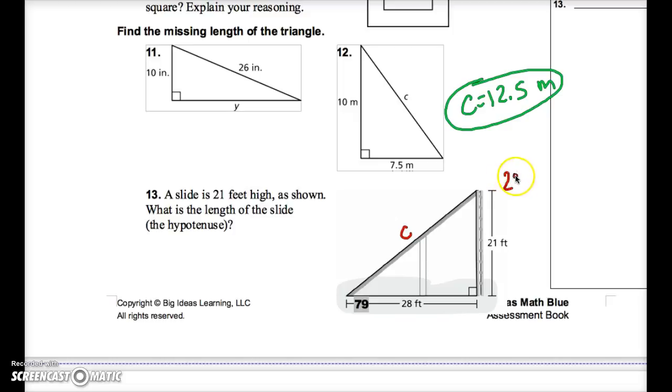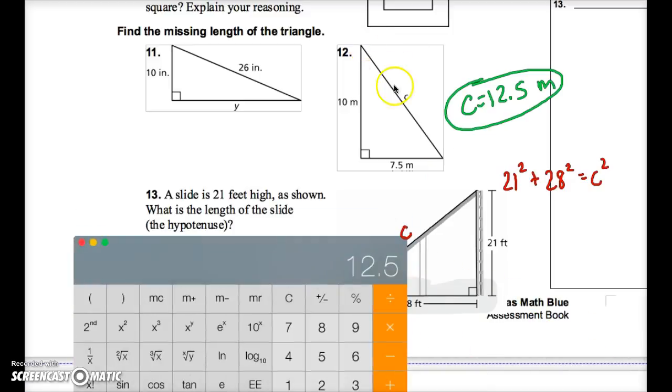So as I plug this in, we have 21 squared plus 28 squared equals C squared. I'm going to pull up my calculator here. 21 squared is 441. Okay, 28 squared is 784.